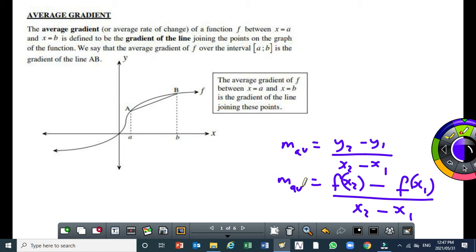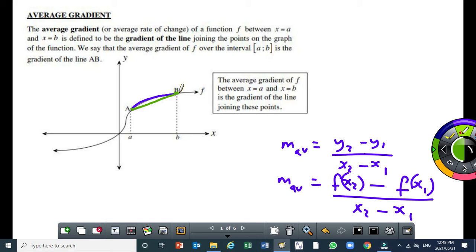So here, if I were to ask you to determine the gradient of function f between point A and point B, it will be impossible for you to calculate the gradient along the line AB, because AB, I'm talking about along the function, this line here, is not a straight line. But we can approximate that gradient by drawing a straight line joining this point and that point. And that straight line is the one in green that I'm drawing.